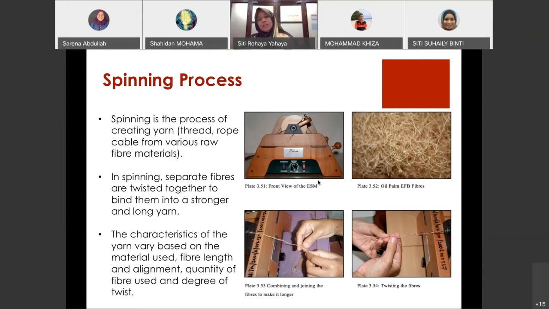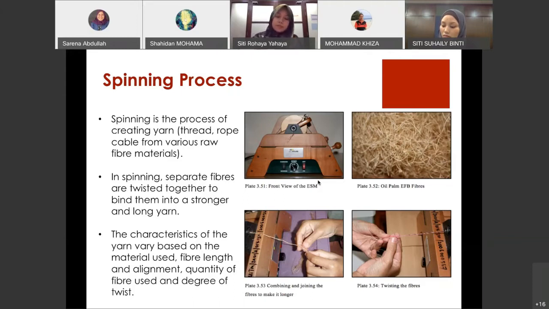So we need to really understand how many fibers we want to use if we want to produce fine yarn, fine thread, and how we want to twist the fibers, whether S twist or Z twist.